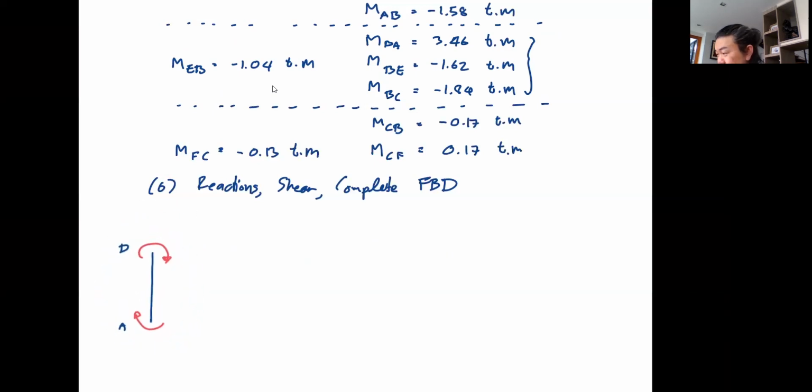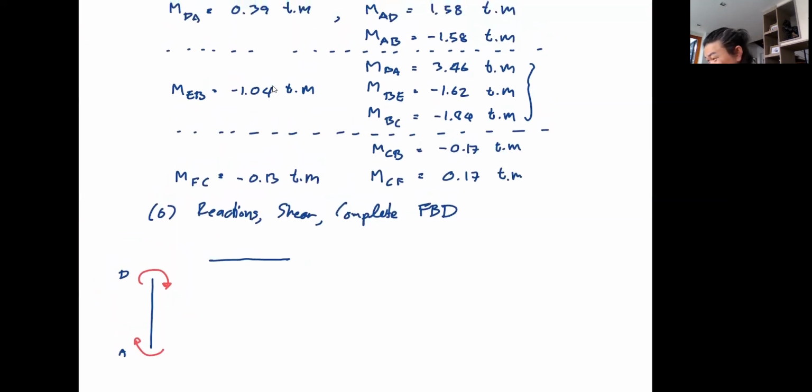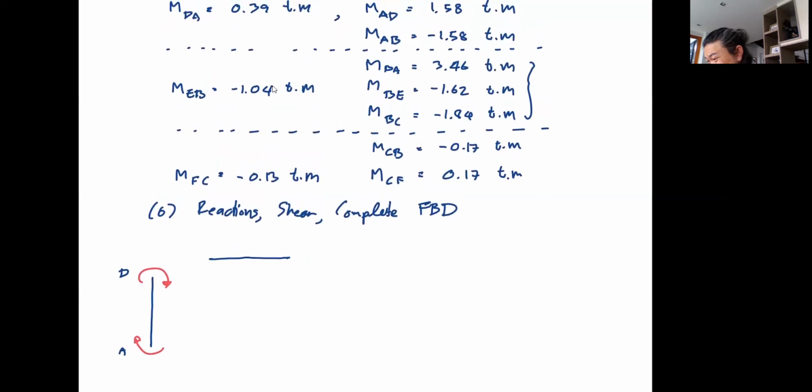Like that. And then the next one is, sorry, that's not DE, it's AB. AB is minus 1.58, so it's counterclockwise. The next one is BA, that's positive, so it's clockwise.